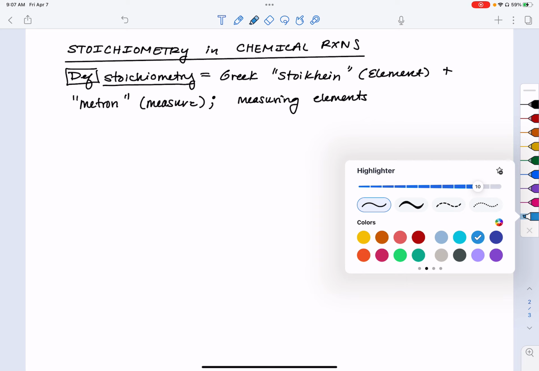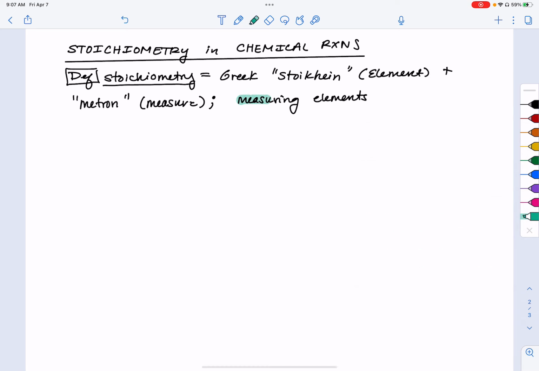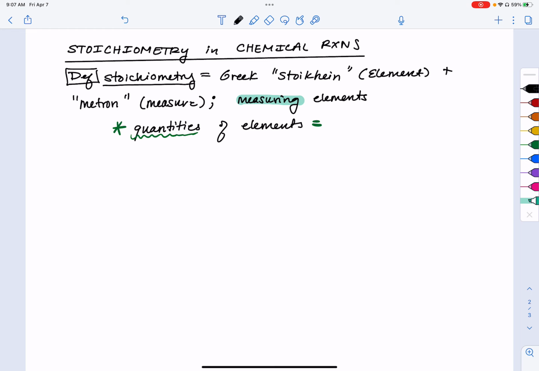When we say stoichiometry, the measuring that we're referring to is the measuring of quantity. And as you might recall, the standard unit for quantity in the SI system is the mole.